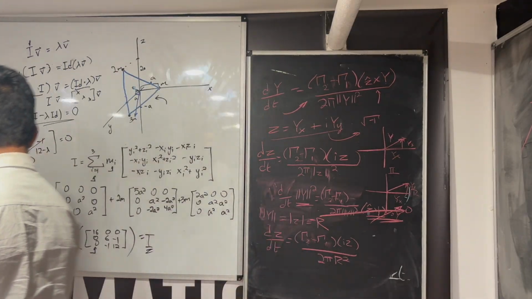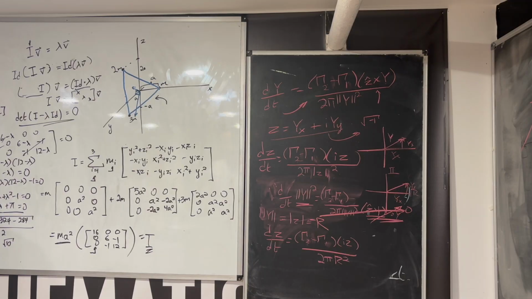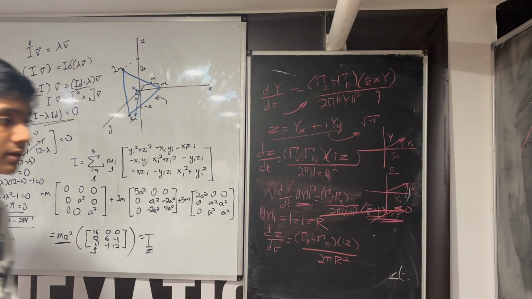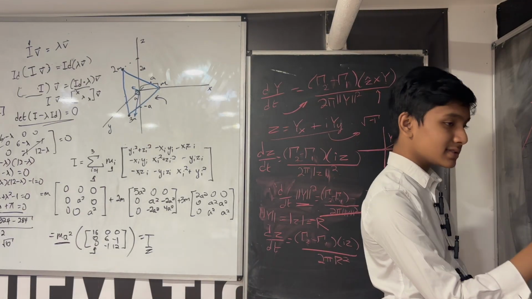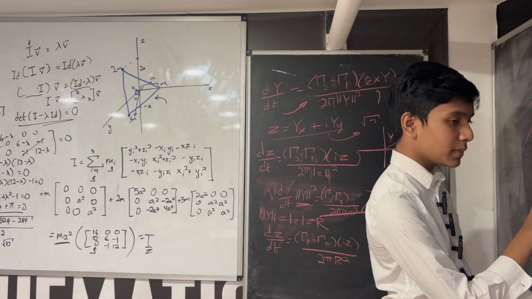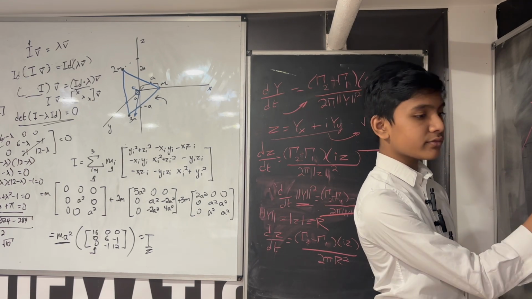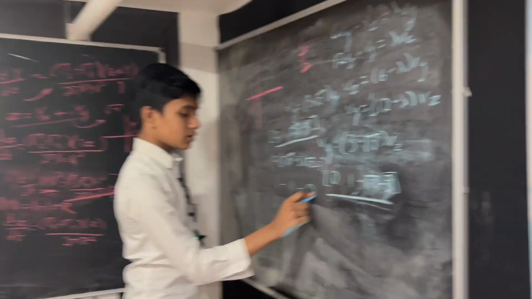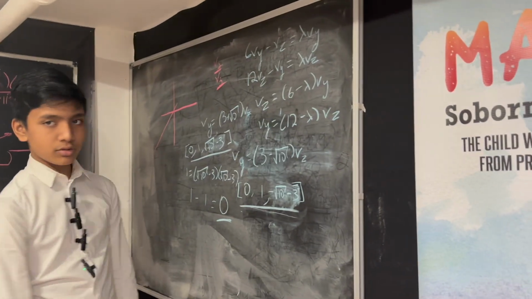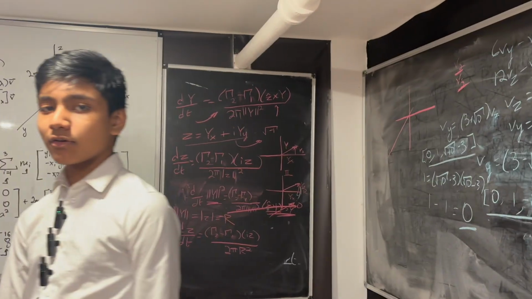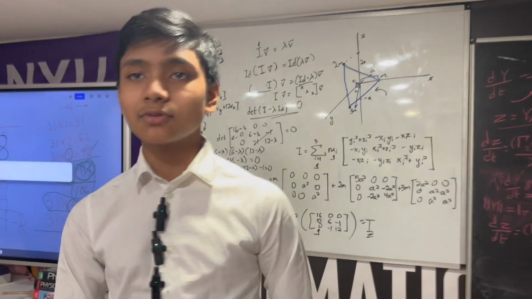So you have two orthogonal principal axes. As you can see, if you dot product them, it will give you 1 minus 1 from this difference of squares, which means that they're perpendicular in their plane. So that's it. Thank you everybody for watching, and we'll see you in the next one.